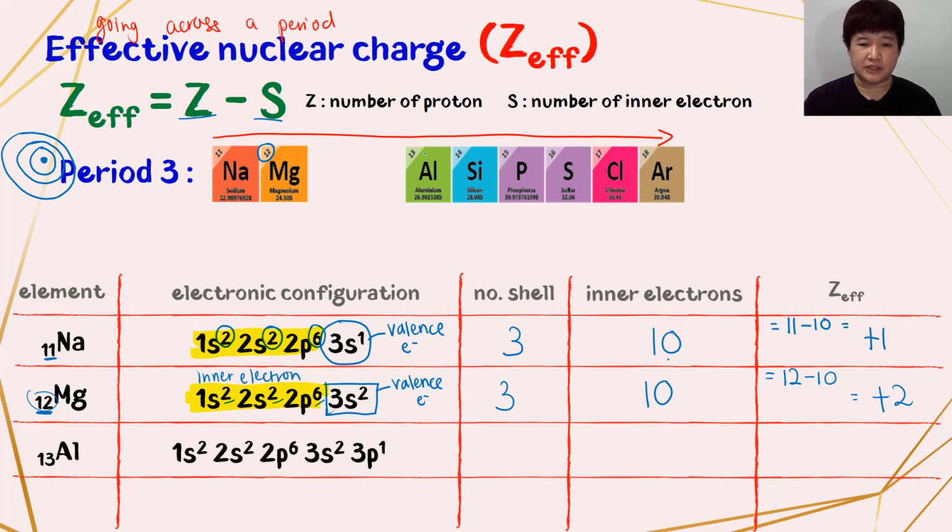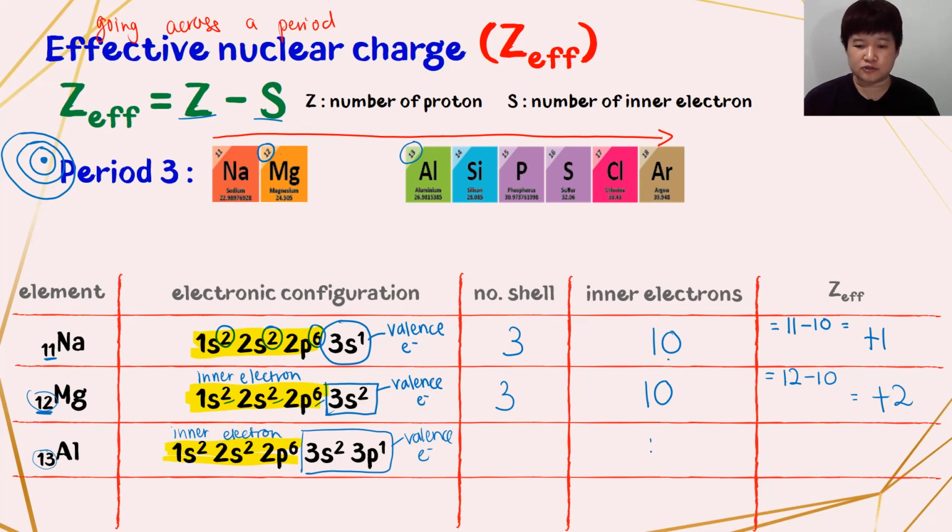Next, we have aluminium. Aluminium's proton number again increases to 13. And you can see over here, your 3s2 3p1 is your valence electron, as we have learned previously. The remaining electrons at the back are what we call inner electrons. And again, if you realize, the inner electron remains the same.